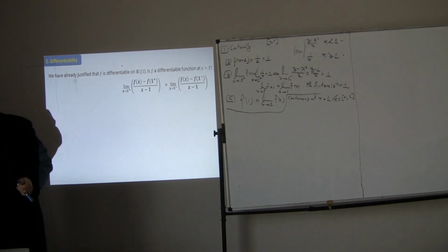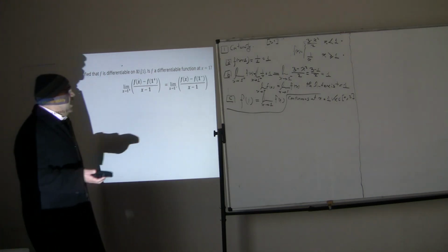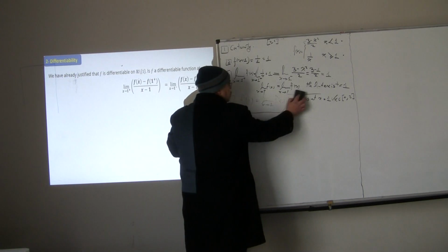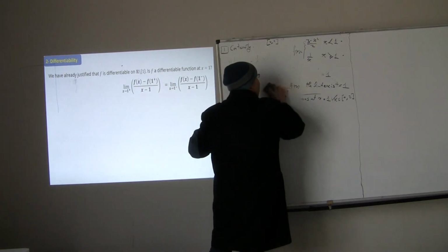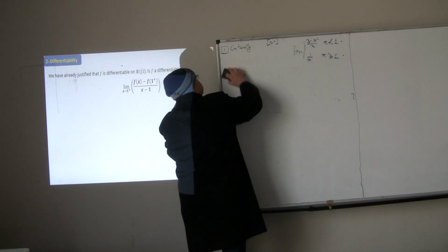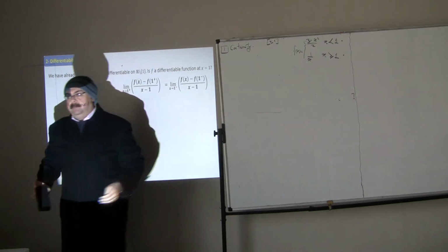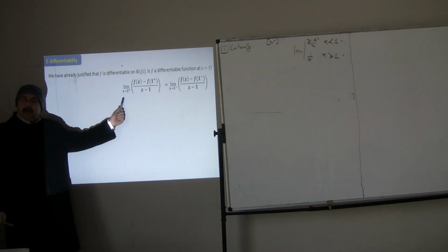Let's check if these limits exist or not. If these limits exist, that means at x equal to 1, this function is differentiable. In order to do so, I will start by just substituting. Shahd, please do it with me. Okay? Step by step. I will start with this part.